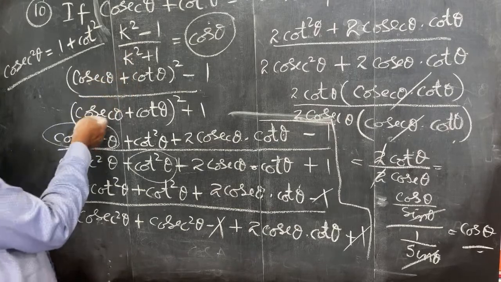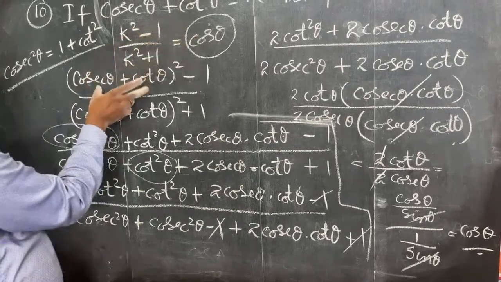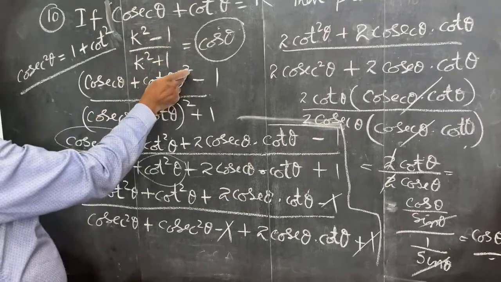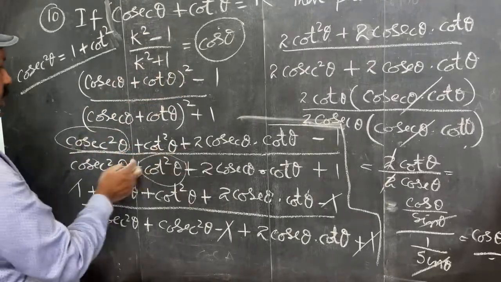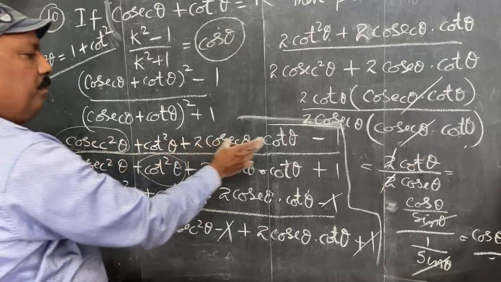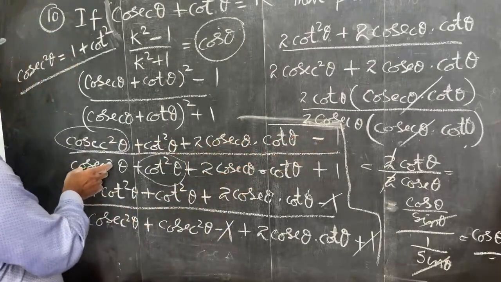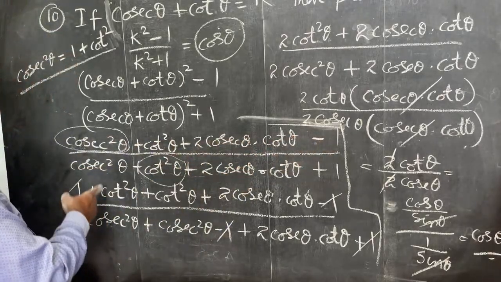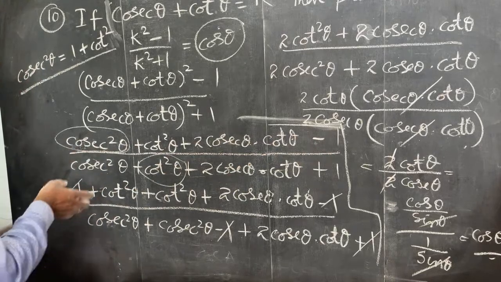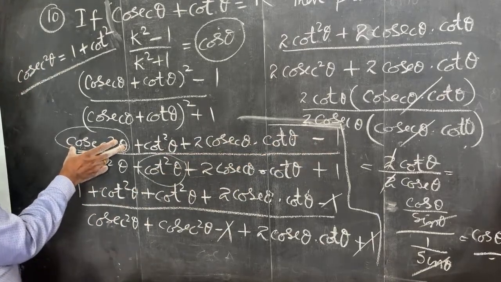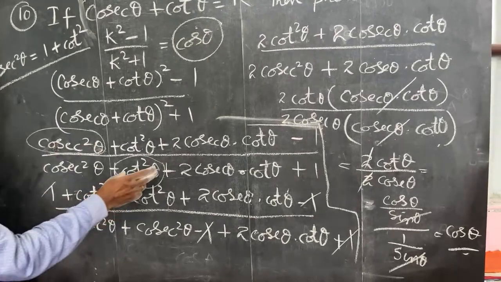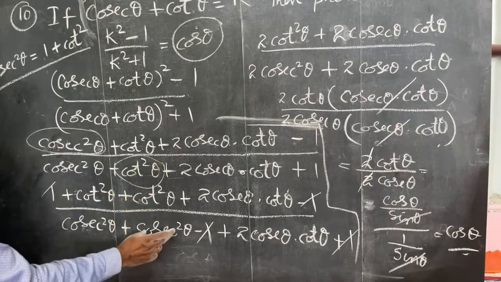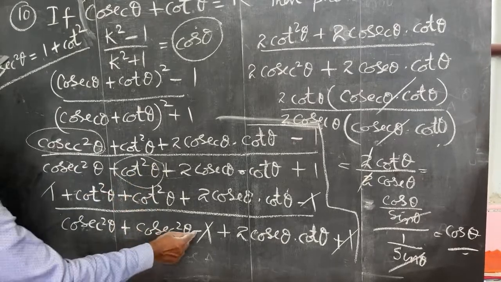Now I will repeat once again. First of all, I kept the k value here, k square here, and expanded in the form of a plus b whole square. That means a square plus b square plus 2ab minus 1. Here also a plus b whole square. After that, the first a square I am converting. Conversion formula of a square is 1 plus cot square theta. Here I am converting the b square, and b square conversion form is cosecant square theta.